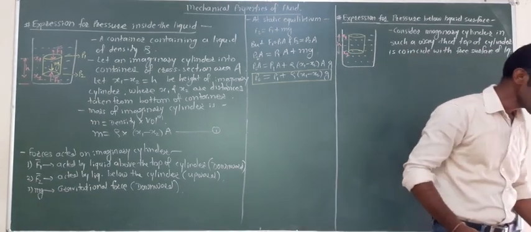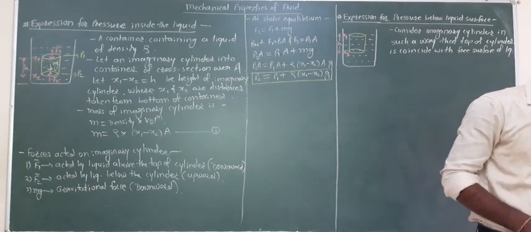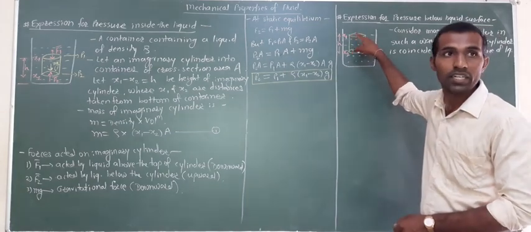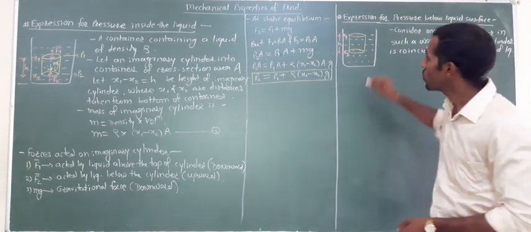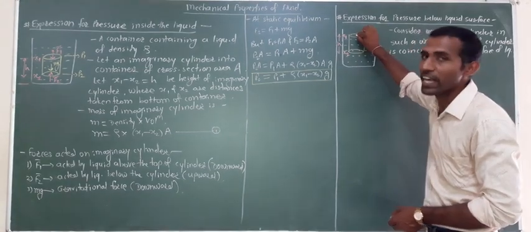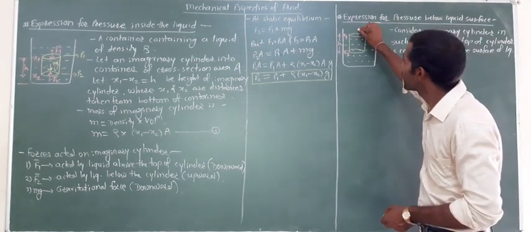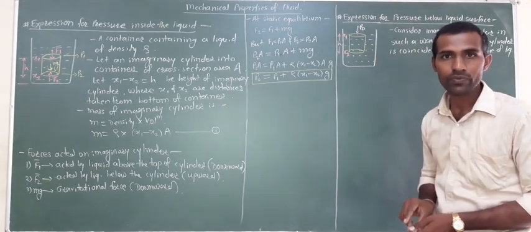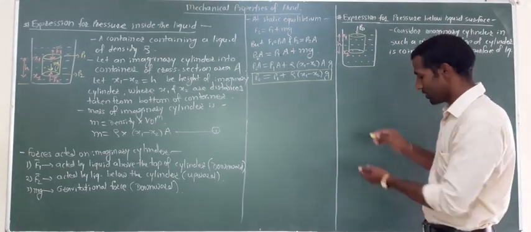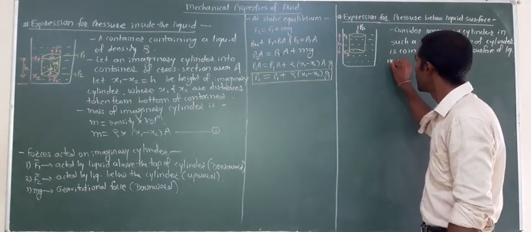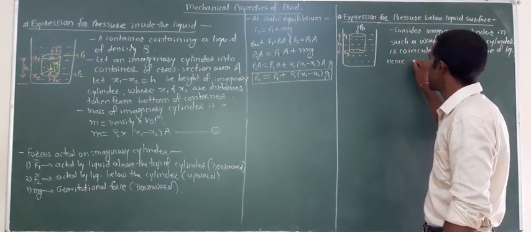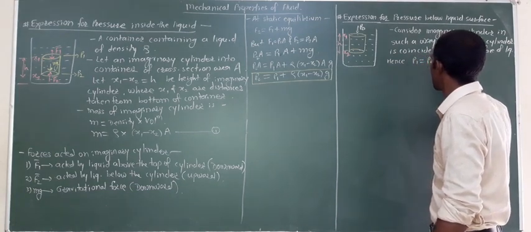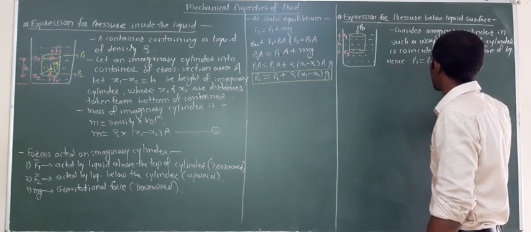Now, as our point x1 is at the free surface, the pressure exerted at the top surface is nothing but the atmospheric pressure. Hence, P1 is equal to P0, that is atmospheric pressure.